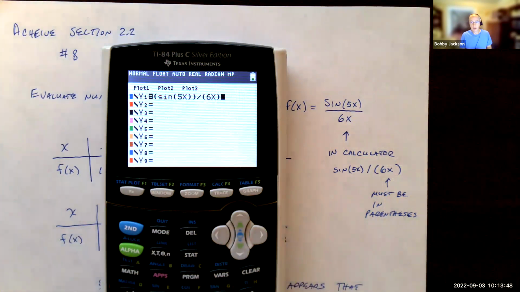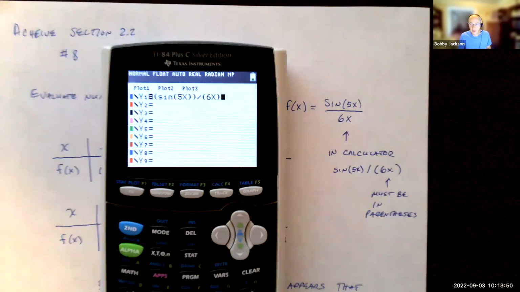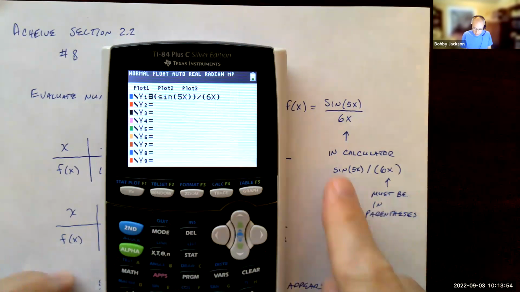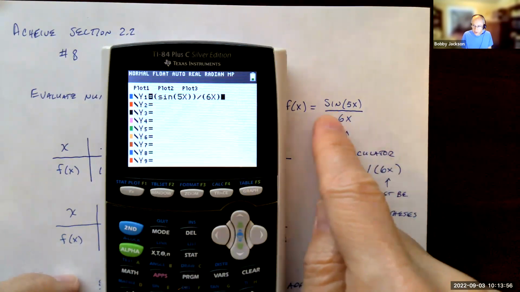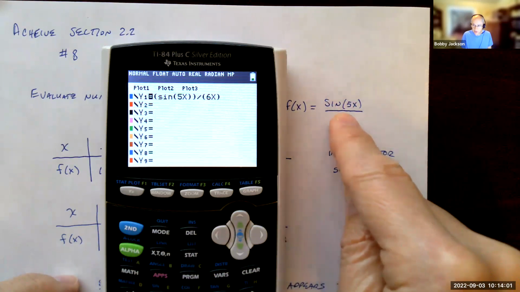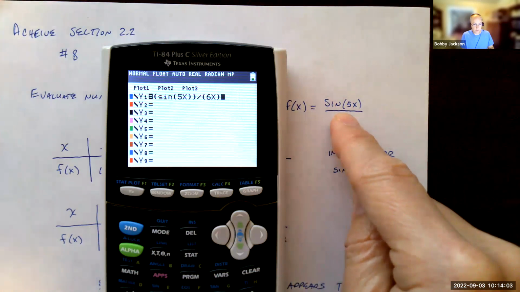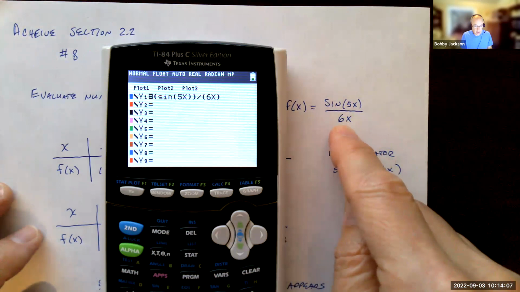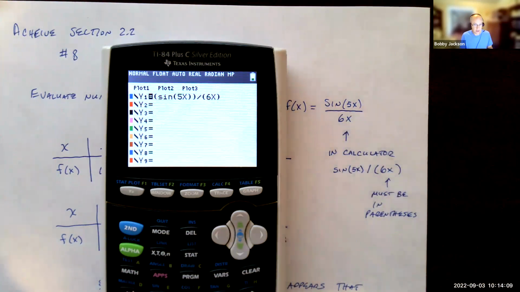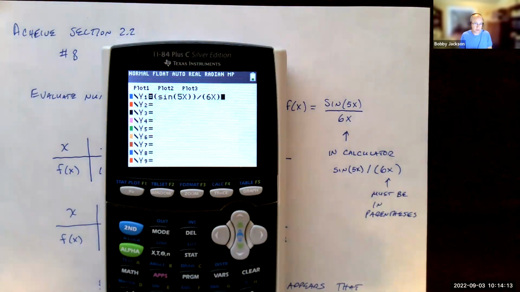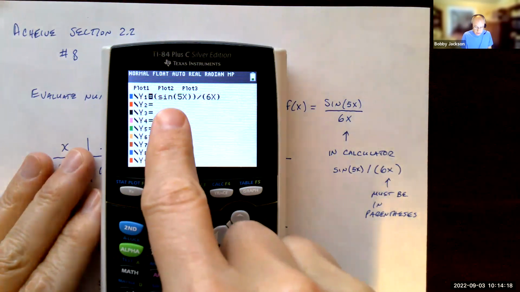In general, you should probably just do that every time to be careful, because when you have a long horizontal bar there, meaning division, you've got to evaluate everything in the numerator, addition, subtraction first, whatever's up there, if there is any, same in the denominator, and then you divide last. Which typically doesn't happen, right? Order of operations, actually, we do multiplication, division before addition, subtraction. But in this case, we need to force the issue.